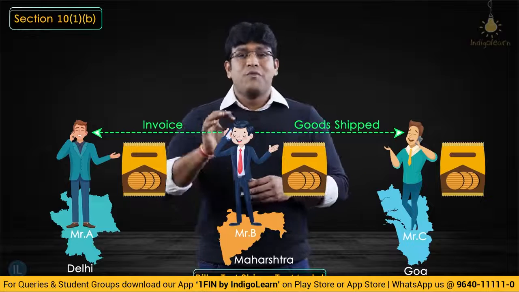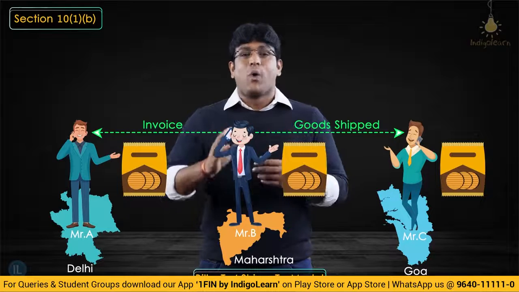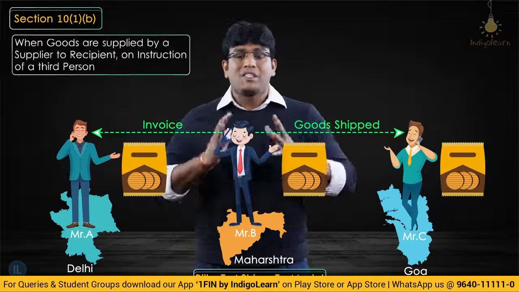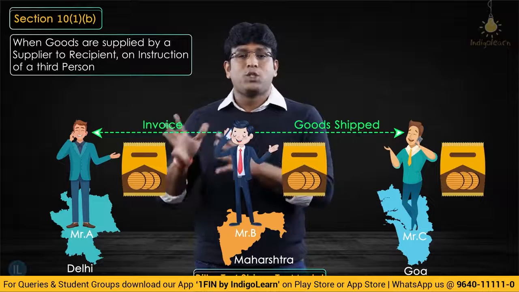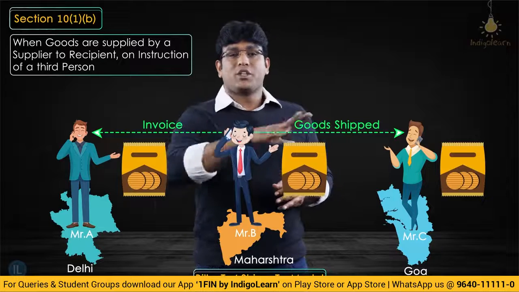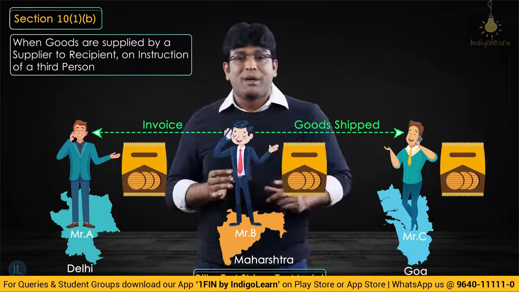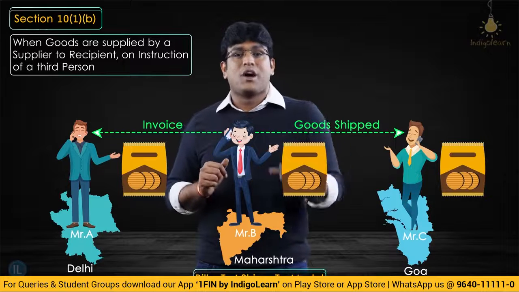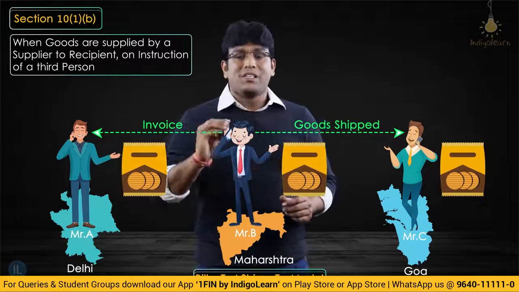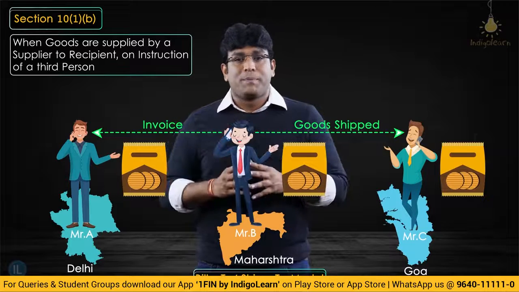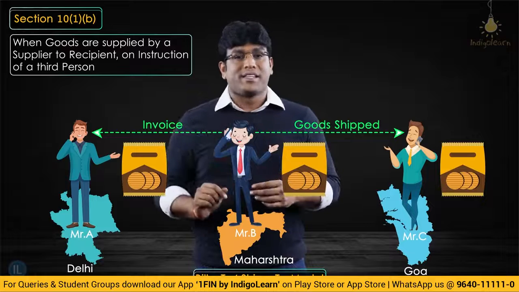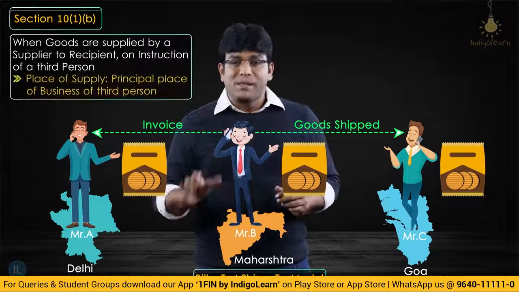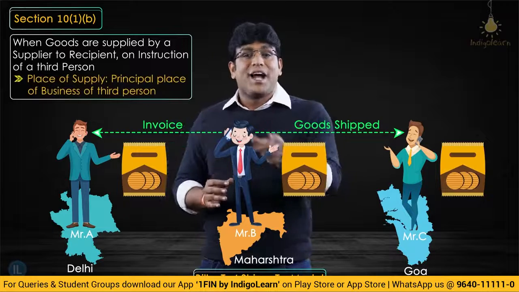For this purpose, we will apply section 10(1)(b), which specifies the case where goods are supplied by a supplier to a recipient on the instructions of a third person. In our example, goods are supplied by B to C on the instructions of Mr. A. If goods are supplied by the supplier to the recipient on the instructions of a third person, then place of supply will be the principal place of business of such third person.